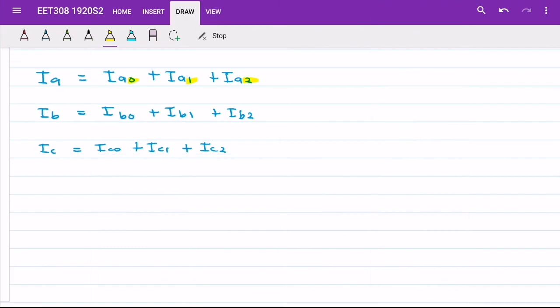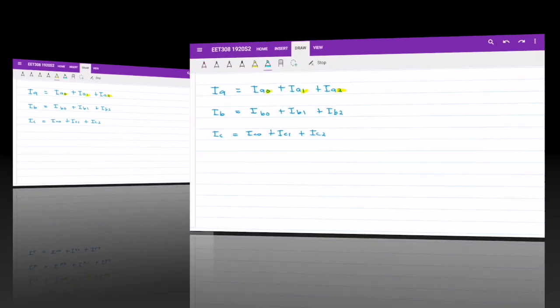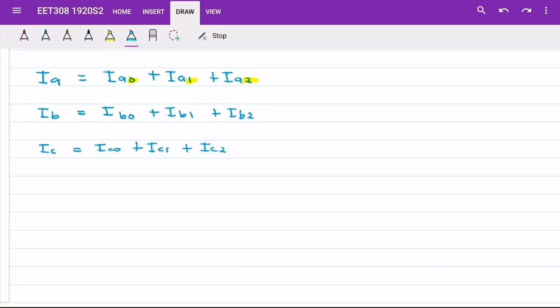So how do we analyze the unbalanced phasor if we are given the symmetrical components? If we are given the symmetrical component currents or voltages, we can convert the phase current or phase voltage into matrix notation or matrix form.